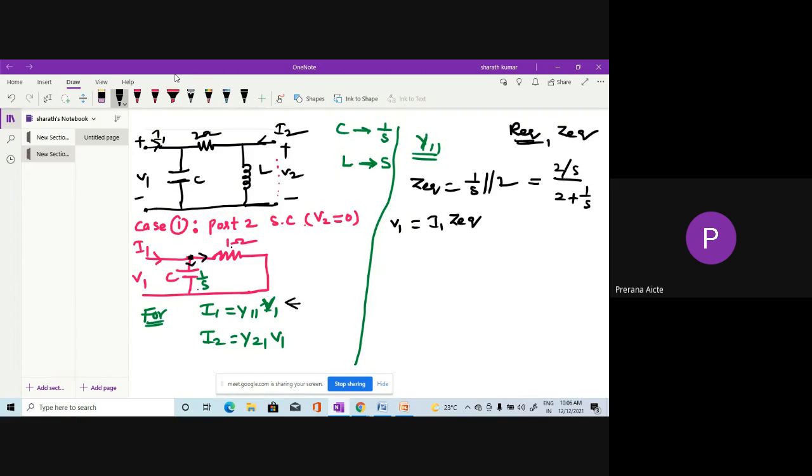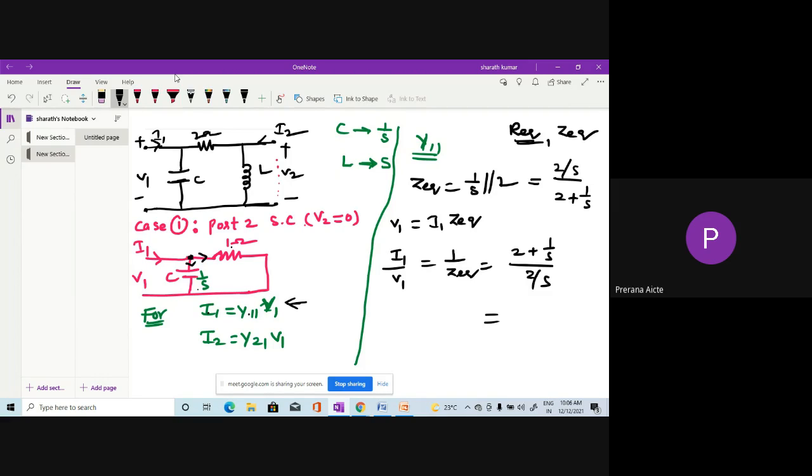In order to get Y11, what is that? Y11 is equal to I1 by V1. So just make sure I1 by V1 is equal to 1 by Z equivalent, right? 1 by Z equivalent is nothing but this value. So you can say that 2 plus 1 by s divided by 2 by s.